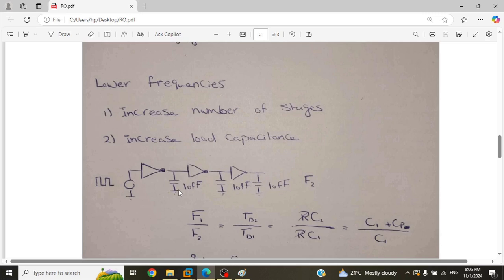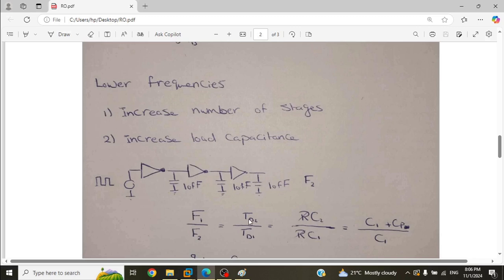by the inverters, and measure the frequency for this extra cap, and we are going to have this relation: f1 by f2 equals td2 by td1.